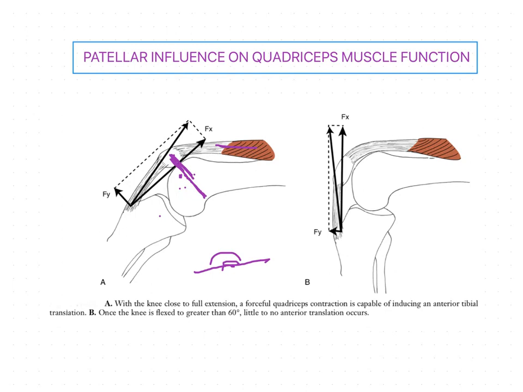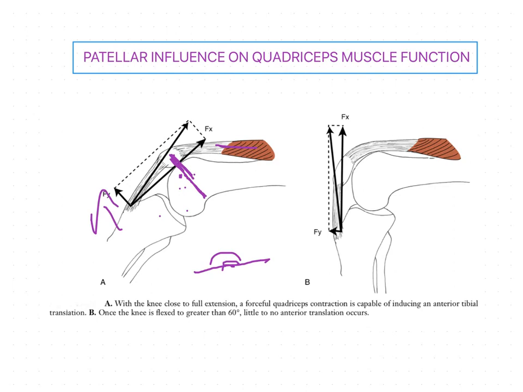The quadriceps, however, not only produces an extension torque but also creates an anterior shear of the tibia on the femur. This anterior translation force must be resisted by active or passive forces, capable of either producing a posterior tibial torque or passively resisting the anterior tibial translation imposed by the quadriceps.